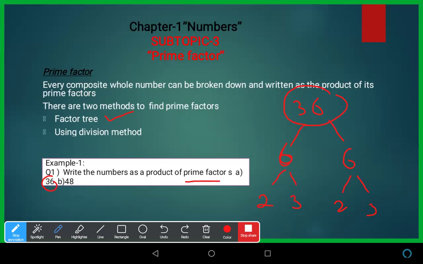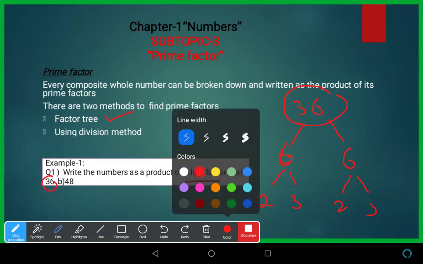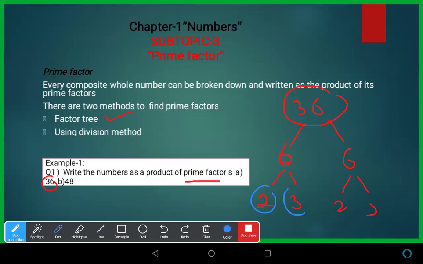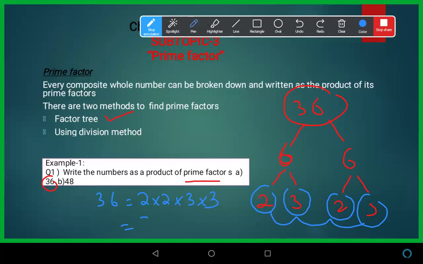So the numbers we have are 2, 3, 2, and 3, and these are all prime numbers. So this is the product of prime factors. You write the prime factors of 36 as 2 multiplied by 2 multiplied by 3 multiplied by 3. Or you can write it as 2 raised to the power 2 times 3 raised to the power 2. So this is the answer you can get using the tree method.